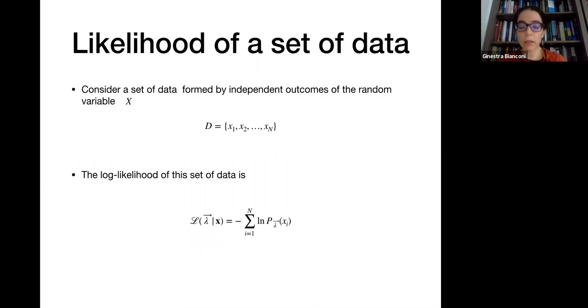So we have a set of data, outcomes of our variable x: x_1, x_2, ..., x_n, and the likelihood of this set of data is the sum over i, over all the data that you have, of minus the logarithm of the probability that this value is observed in your model, a model which describes the data with the probability P(x) parameterized by some variable lambda.